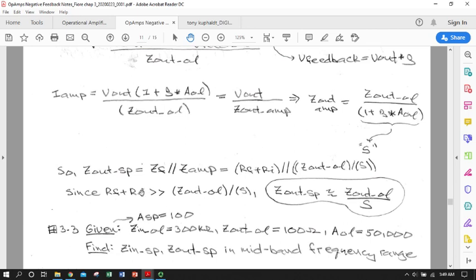So we can make an approximation and say that the resistors in our feedback network, which remember those are selected in a range of like 10 to 100K, is going to be a lot more than this discounted, already low and discounted further output impedance through the op amp. So really we can approximate it as just this side.